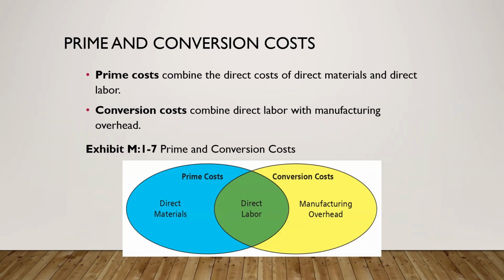Labor intensive means people, not machines, do most of the work. In that type of environment, managers may want to concentrate on these direct or prime costs. So to be profitable, it is vital for the company to control these costs.